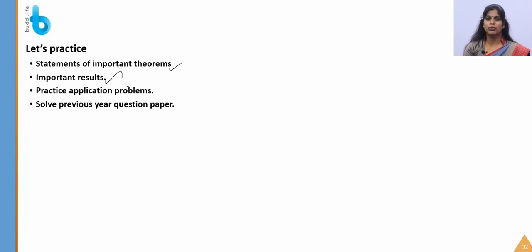Also get thorough with important properties and practice all the application problems like finding the area of a triangle and solving a system of linear equations. Try to solve the previous year question papers. Practice as much as possible.